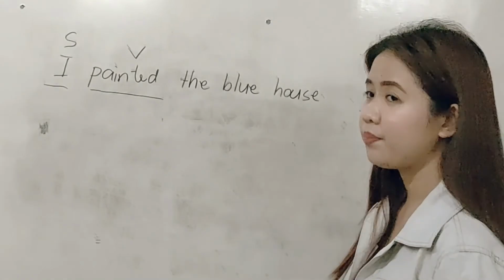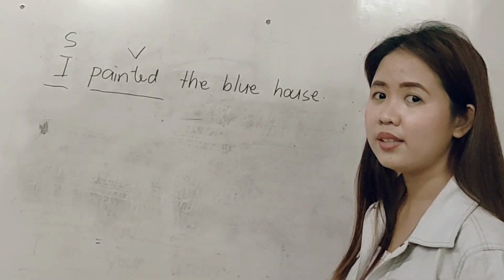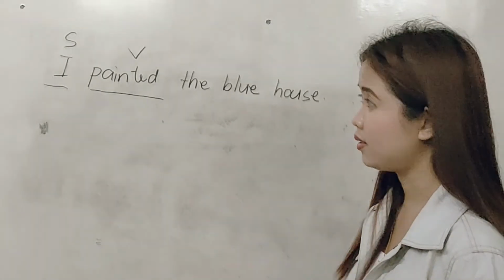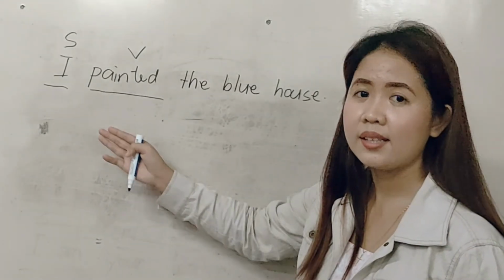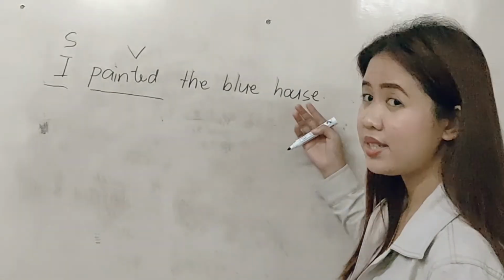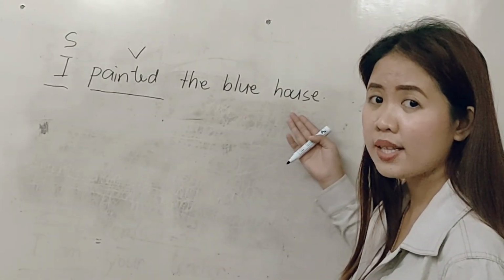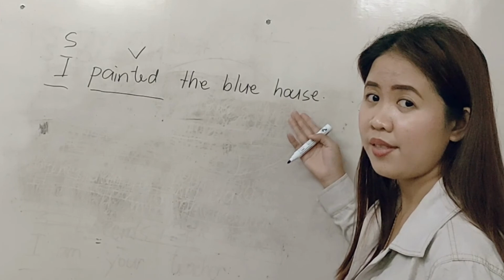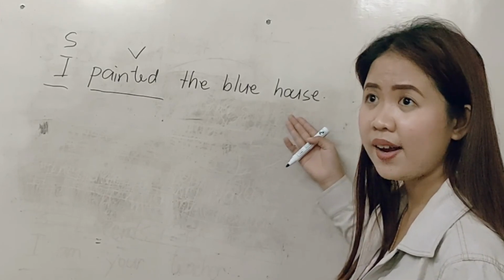The blue house is considered a direct object. I painted what? The blue house. This is answerable by what question? And this is understood as direct object.